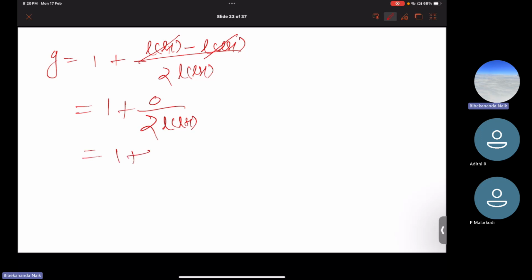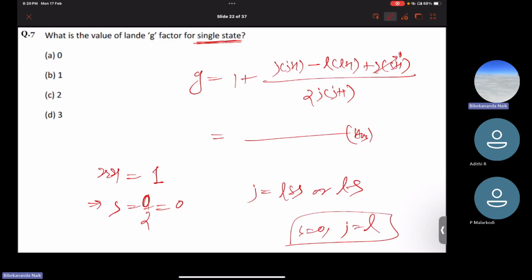It will be 1 plus 0, that is 1. So the value of Landé g factor for a singlet state is 1. So the correct option is option B.